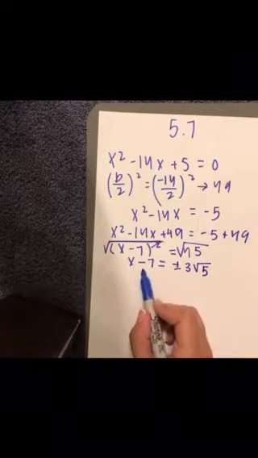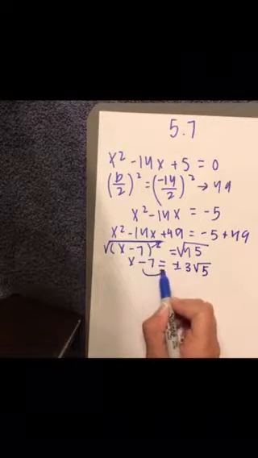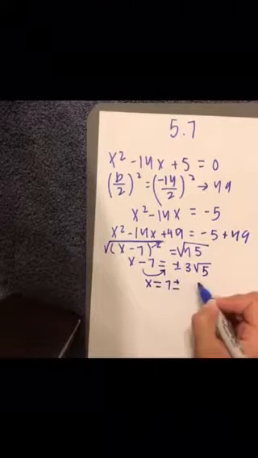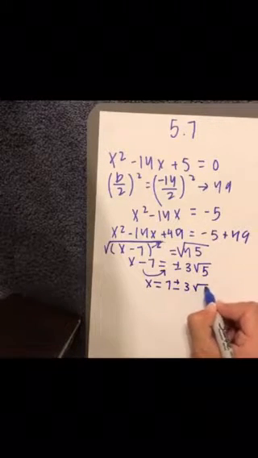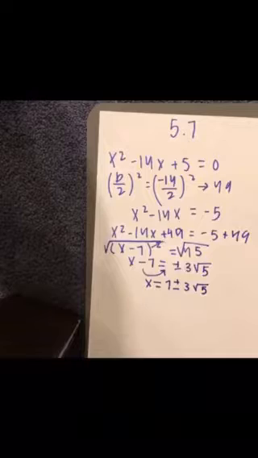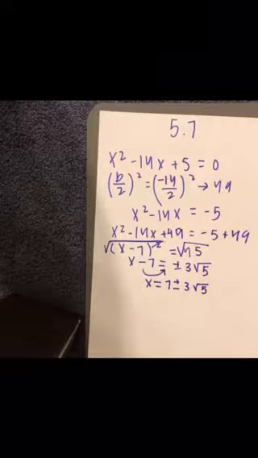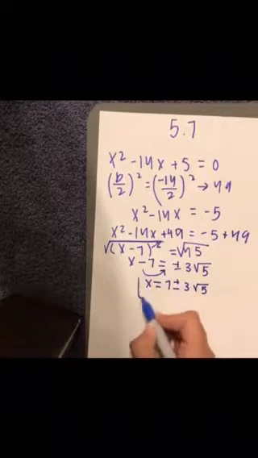So then we're going to move 7 over to this side. We get x equals 7 plus or minus 3 square root 6. And so when we have an equation like this, it's the end.